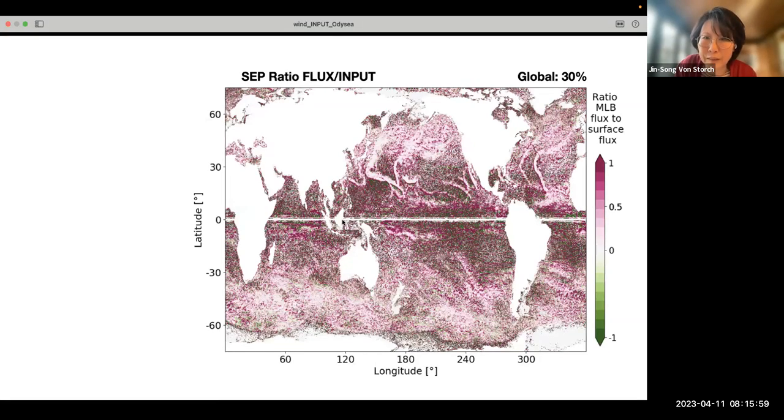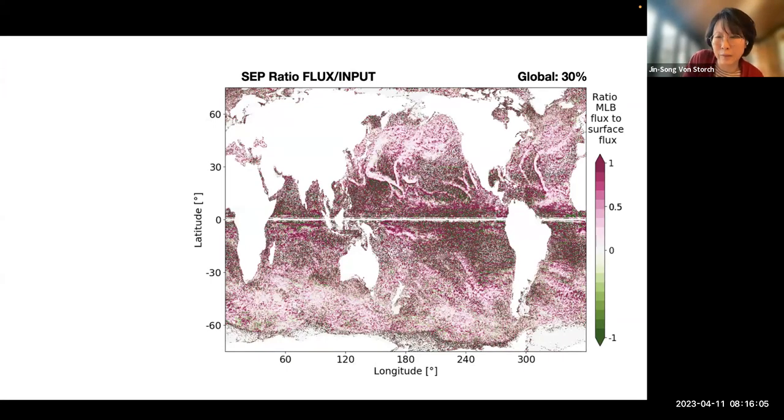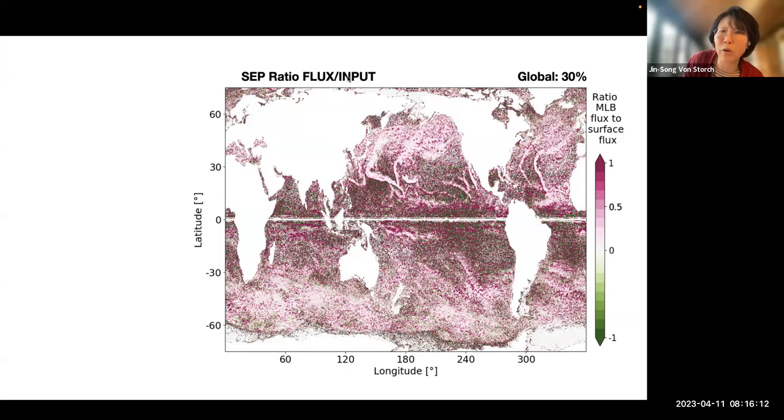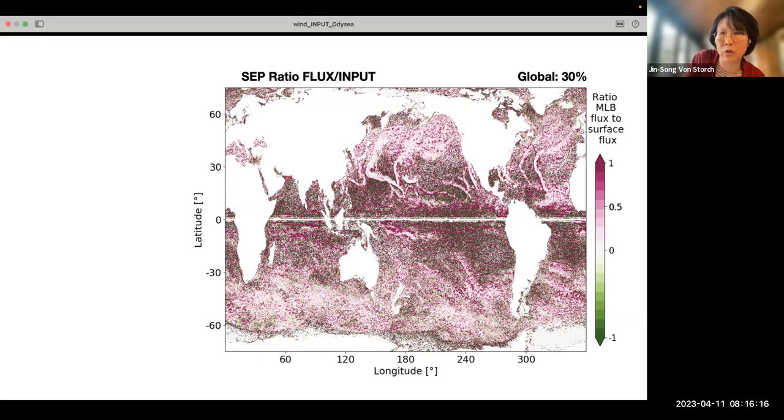But in the low latitude, it's a huge number. Huge means larger than 1. And these are the areas where the wind input is small, but you have lots of wave fluxes, and that makes this ratio much larger.